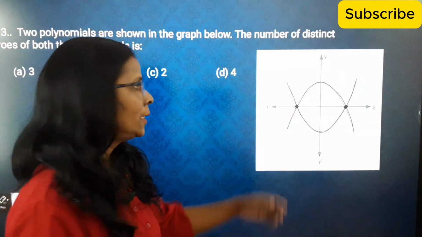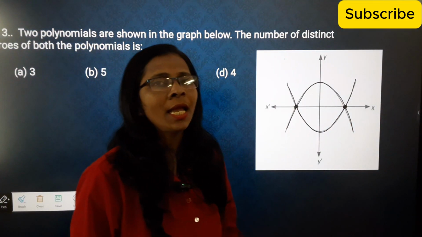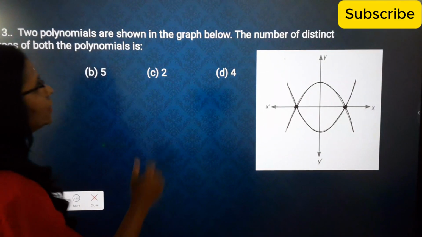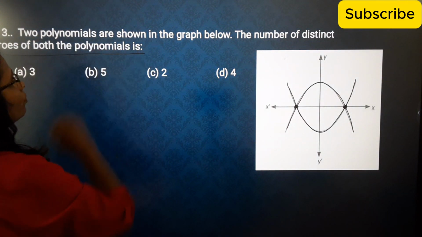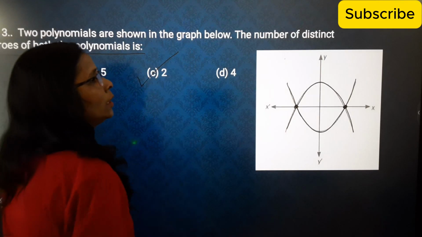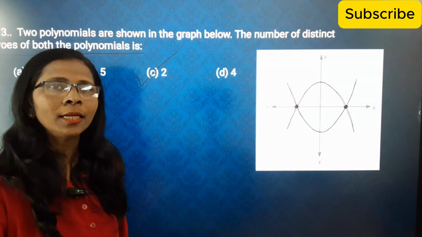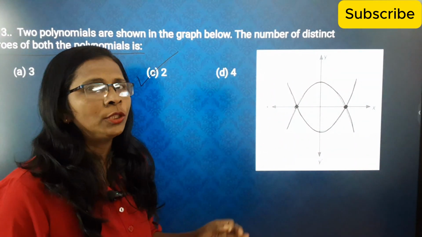That means the number of distinct zeros of both the polynomials is 2, and the answer is option C.